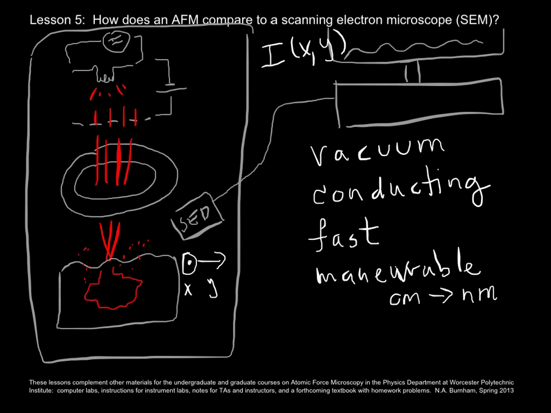So that allows you a tremendous magnification range. So SEMs are very nice complements to AFMs. They do tend to be more expensive than a typical AFM. And so now in the next slide, let's list the advantages and disadvantages of AFM in light of the scanning electron microscope.